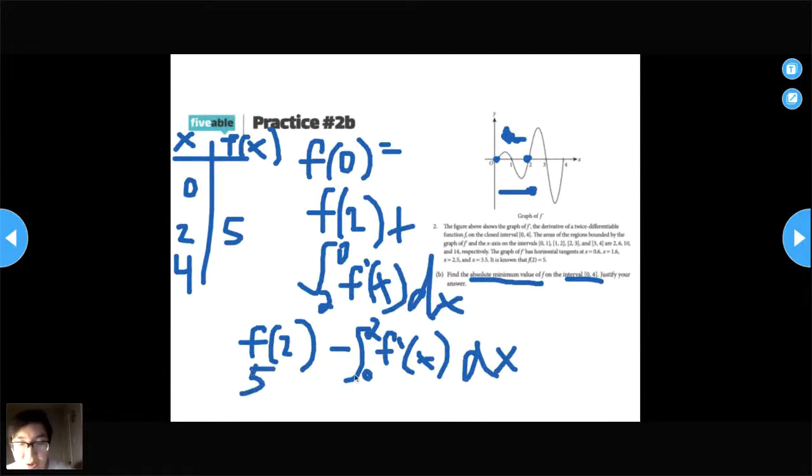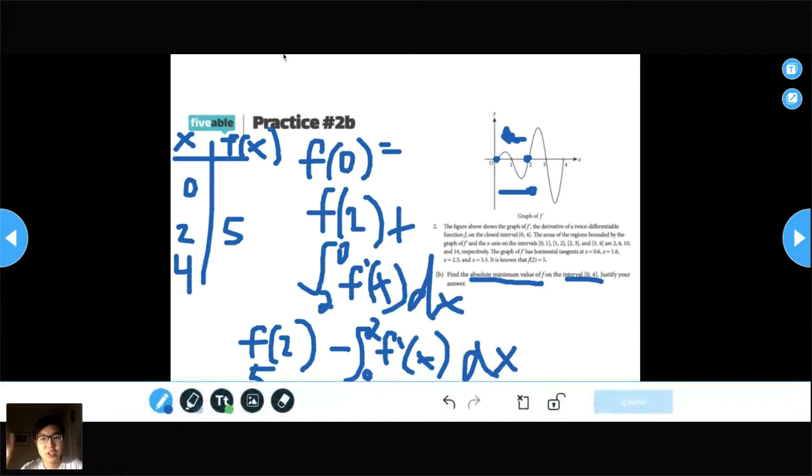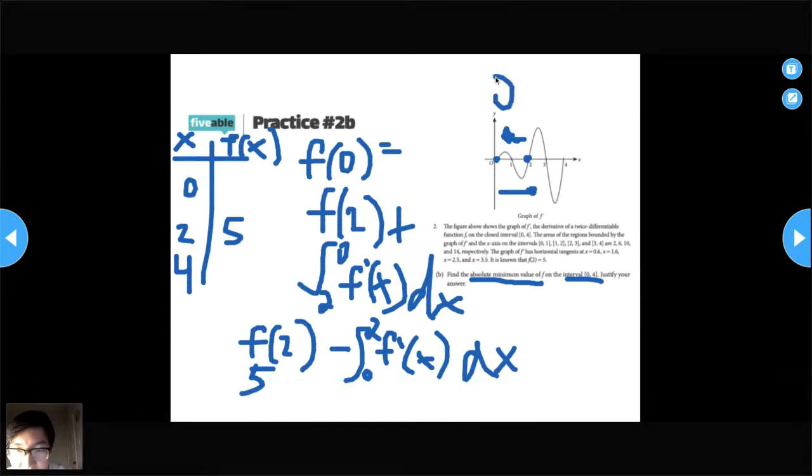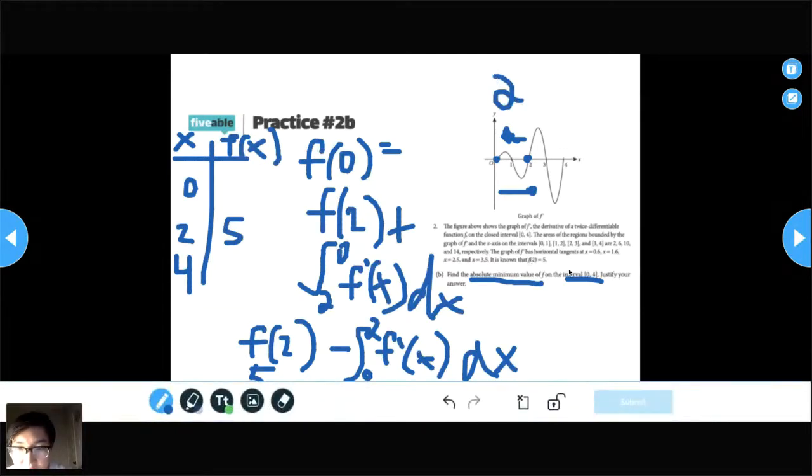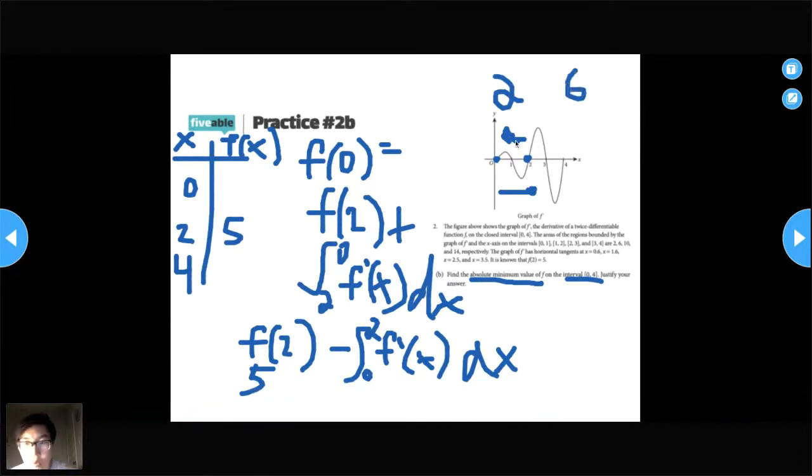And then I need to calculate the integral from 0 to 2 of the first derivative. I got negative 3 earlier actually, and I'll show you why that's not the correct answer. This is a tricky question. From 0 to 1, we know that the area is 2. And we know that the area from 1 to 2 is 6. But here we would subtract.